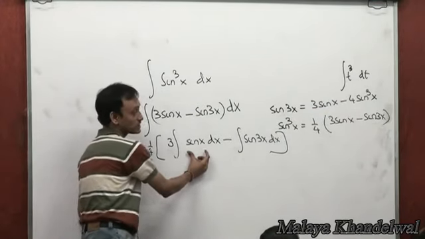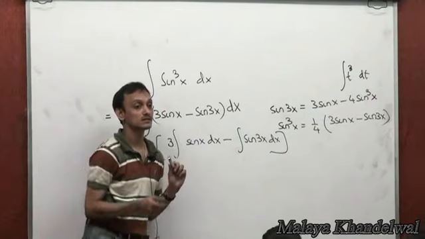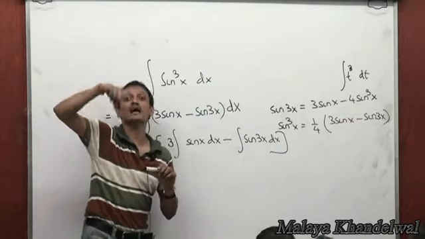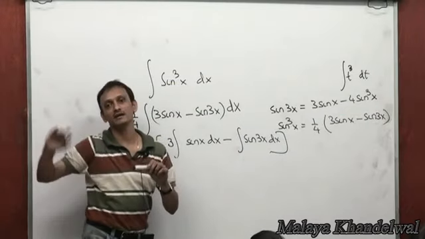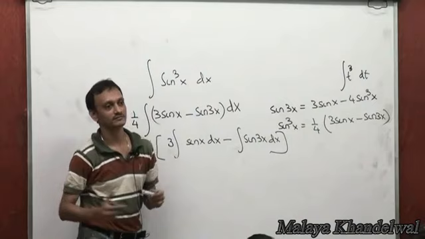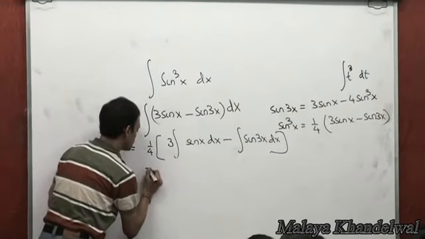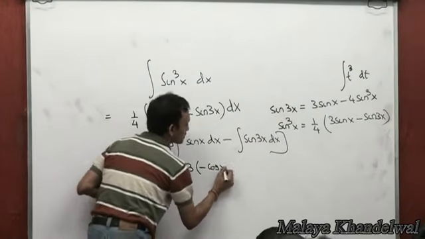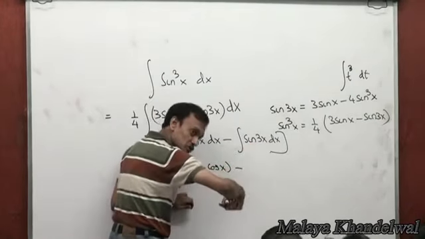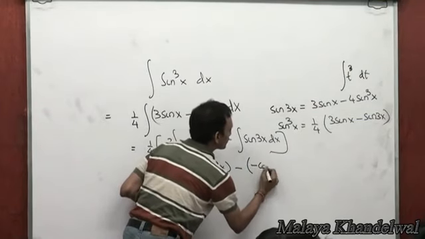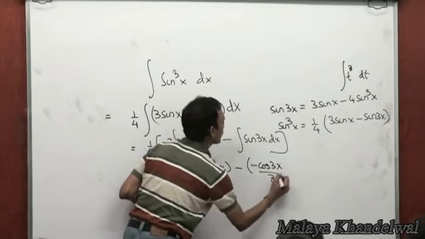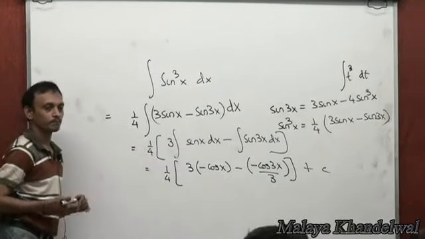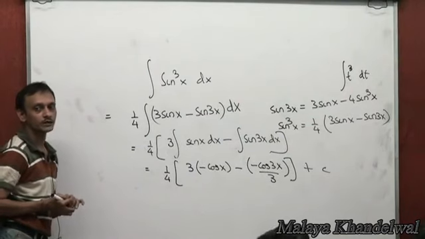The integral of sin 3x is minus cos 3x by 3. The integral of sin mx is minus cos mx by m. Right? So then this is 1/4, 3 times minus cos x minus, sin 3x is minus cos 3x by 3, plus a consolidated c. Got it?